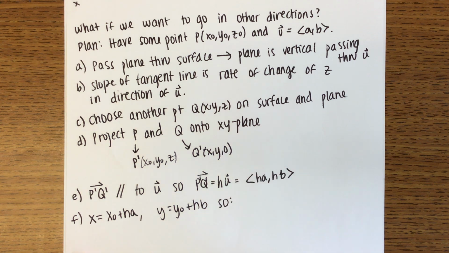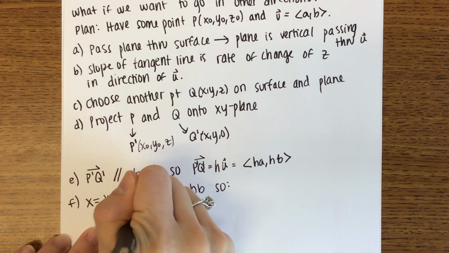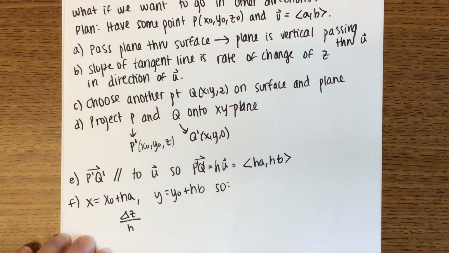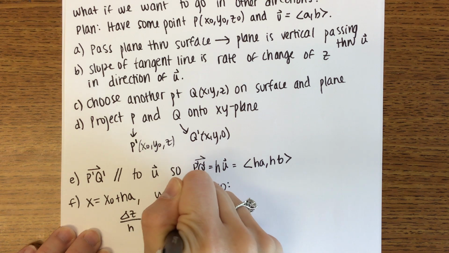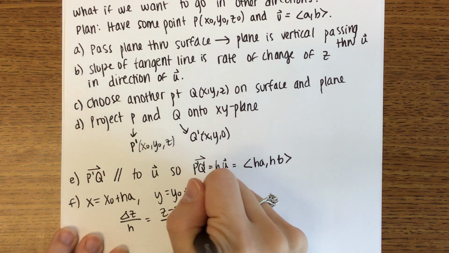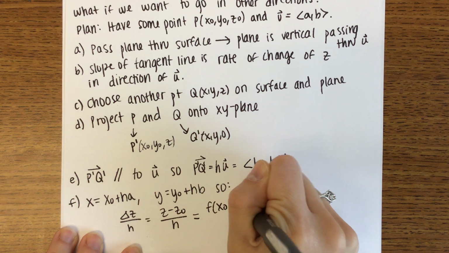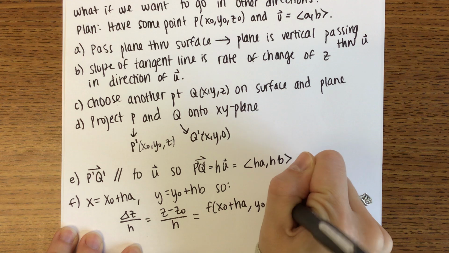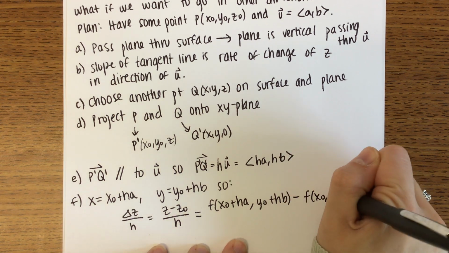So then what we get? The change in z over h. That's z minus z naught over h, which is f of (x naught plus ha, y naught plus hb) minus f of (x naught, y naught), all over h.